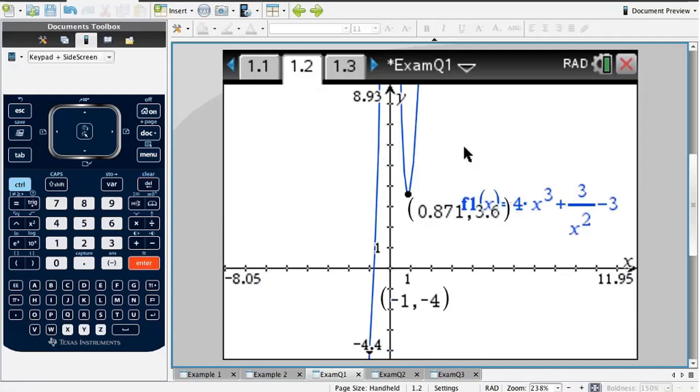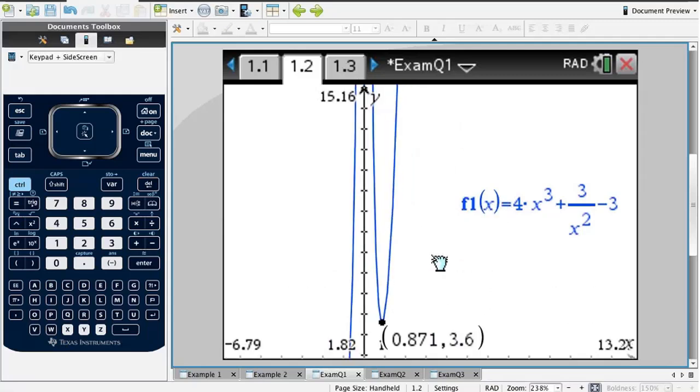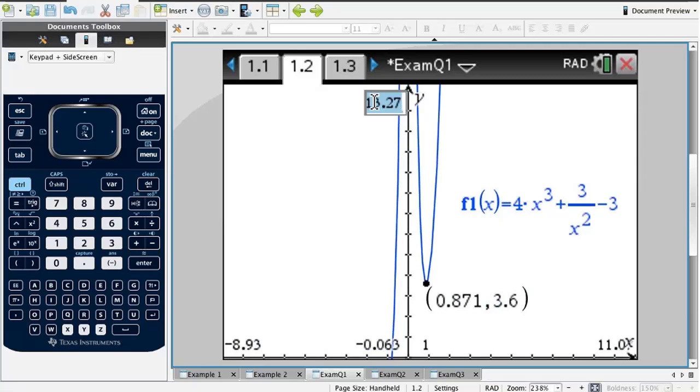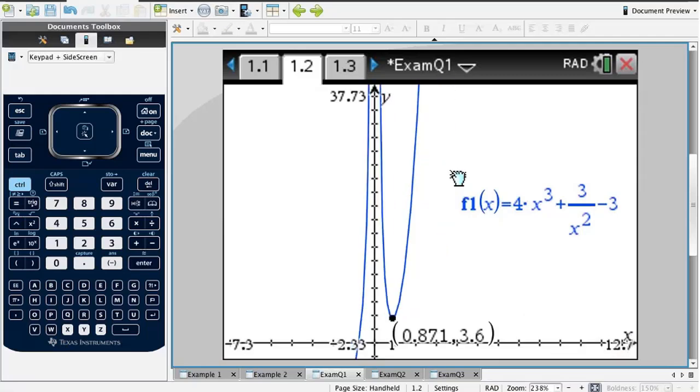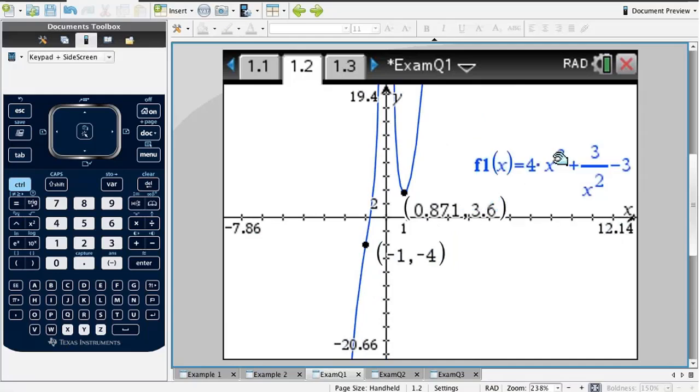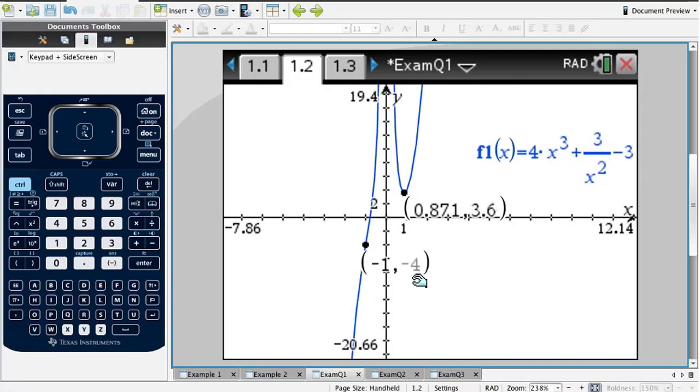Okay, well that's well above where we need to be. So if I change that to maybe 40 or something, it's still too high. So obviously for 5, we're way too high and it's not going to be a minimum. So obviously my minimum value between -1 and 5 is actually -4. So it's a good habit for students to check the minimum stationary point and both ends of the domain.